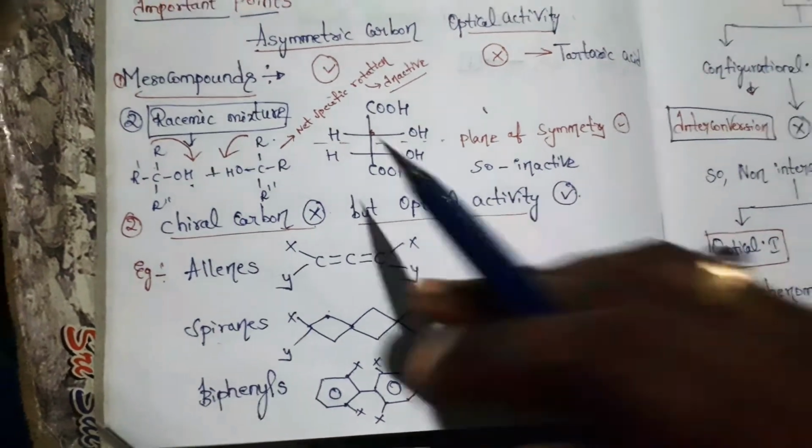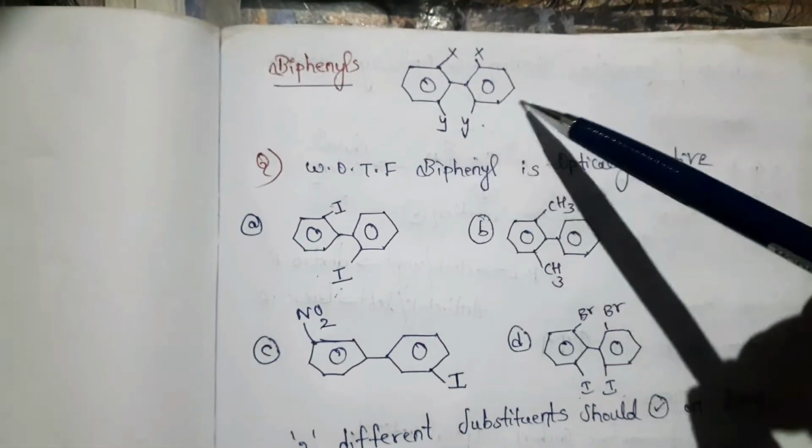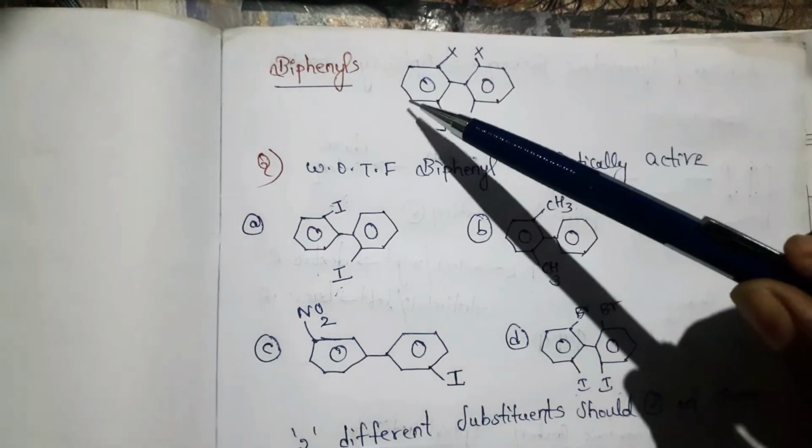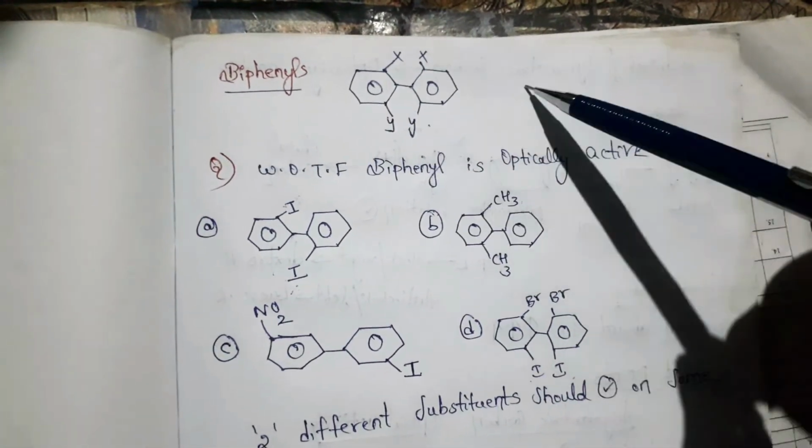Now we are going to look at a simple and very important example related to biphenyls. What are biphenyls? Biphenyls means the two phenyl rings are connected via a single bond. They are called biphenyls.